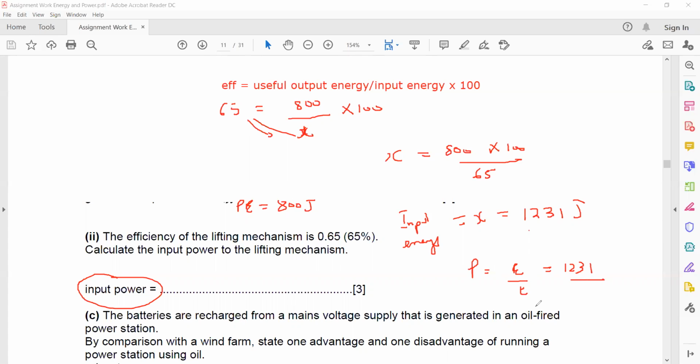I just erased it, but the time was given in the question. So 1231 divided by 5.4. What is the answer here? It is 227.96, which is approximately 228 watts. Is it clear?